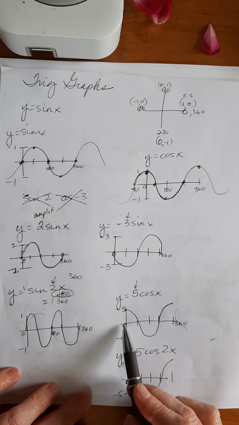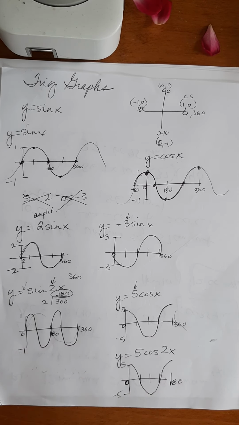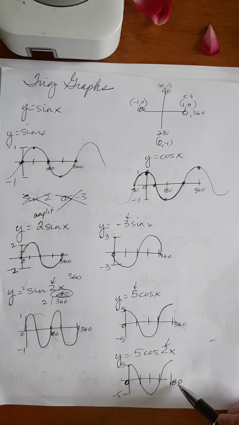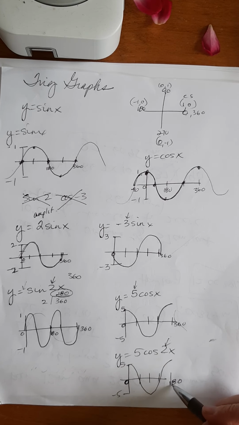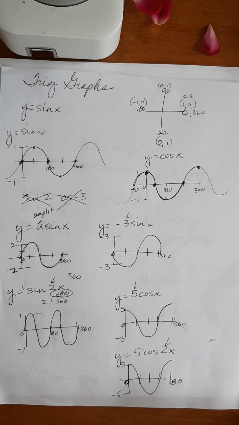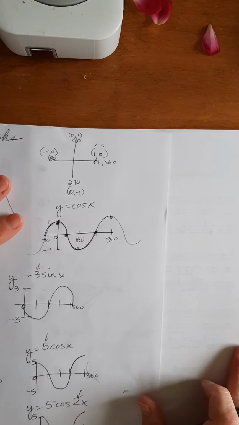It's just, instead of showing 0 to 360, 0 to 180, because there's 2 curves in the 360. So there's only 1 curve in 180 degrees.